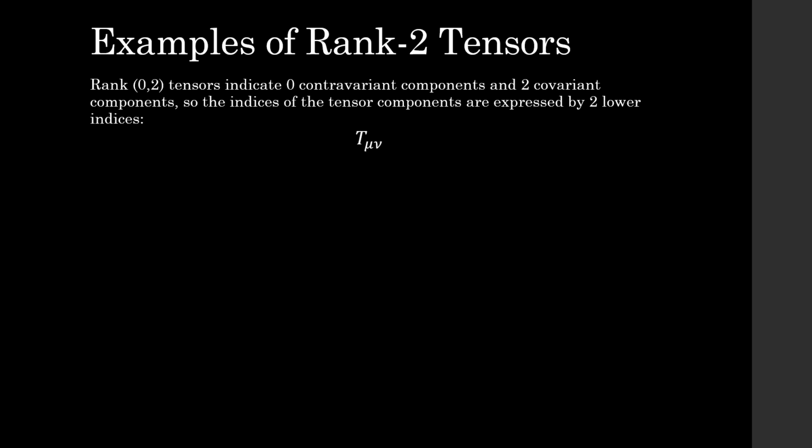For our actual tensor, we'll use capital T to know that we're talking about a tensor, and in this case we have lower indices mu and nu. This could be sub AB, it doesn't matter, we can use whatever symbol we want to represent the components so long as we know what we're talking about. This is a map, T, that maps the product of the 2 vector spaces to the reals. So this is just a bilinear map as a rank 2 tensor.